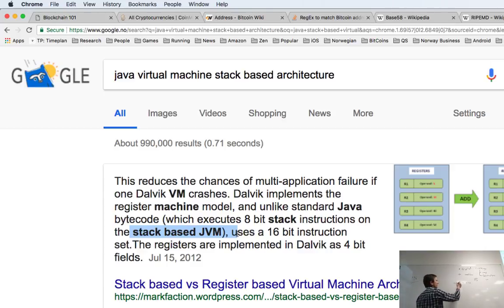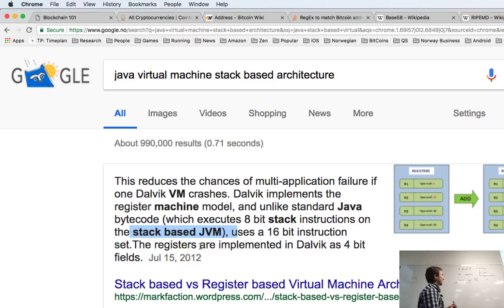So those are my operands, and this is the result. I'm using registers for addressing. The operation is here, but the operands are taken from registers and the result goes into registers. So that's what Dalvik is doing with the Java implementation inside Android.